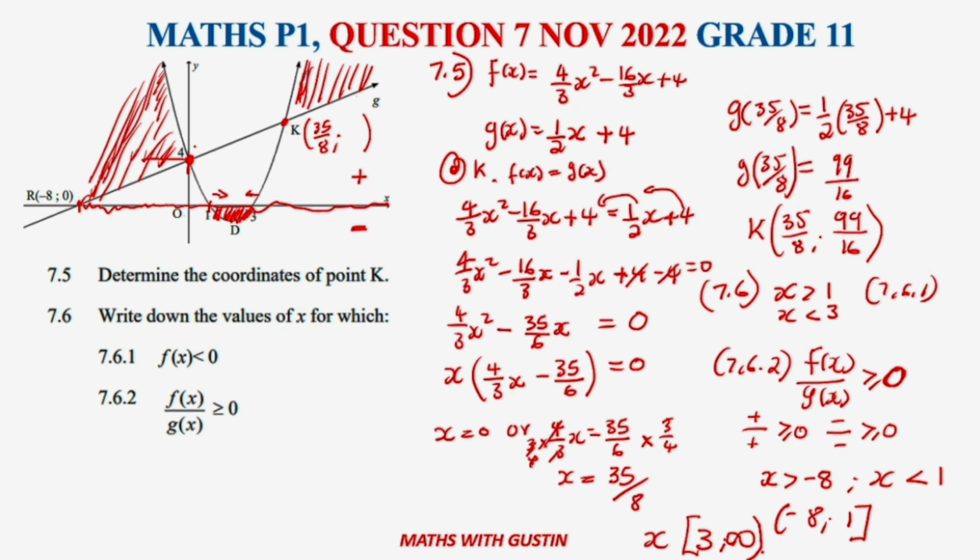So you can also write it like that. I chose to write this one like this because in 7.6 I wrote it with the inequality. You can also write the brackets. It doesn't matter, guys, as long as the values that you are referring to are correct. Just look at your graph and then you should be able to get this one right. All right, so moving along to 7.7.